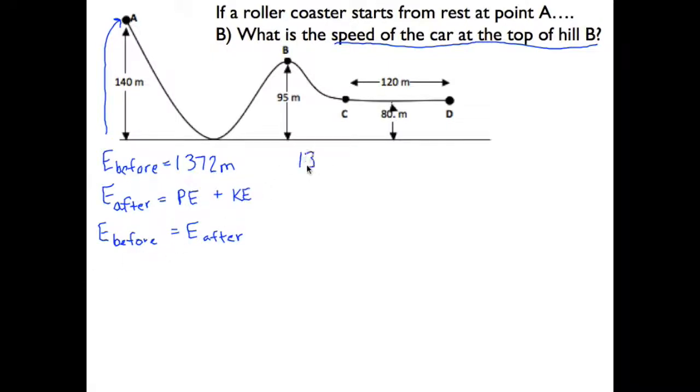So we have 1372 m is equal to mgh, which is your potential energy, plus 1/2 mv squared. Now I'm going to plug in my numbers.